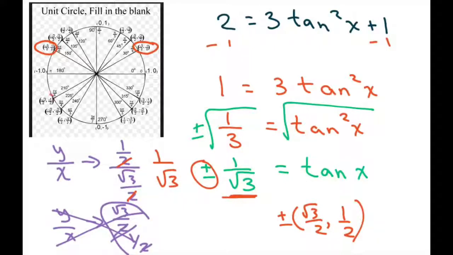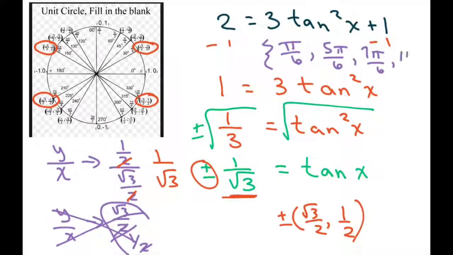Where x is square root of 3 over 2 is there. Because if x is square root of 3 over 2, then y is 1/2. So our solutions on this will be, and I'm going to just put them right here, everything with the denominator 6. So that's pi divided by 6, 5 pi divided by 6, 7 pi divided by 6, and 11 pi divided by 6. And that's it.